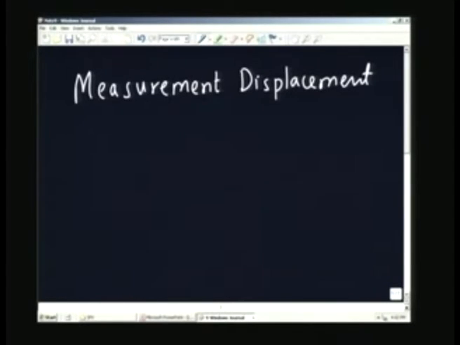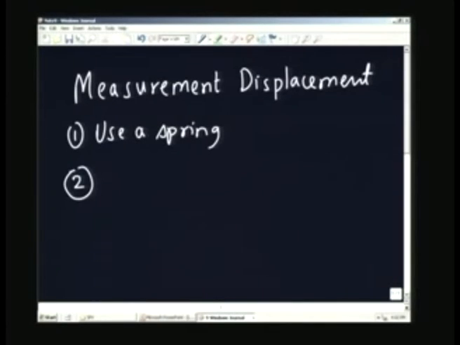One is to use a spring itself. Second one, we can measure the displacement by using a displacement measuring device.